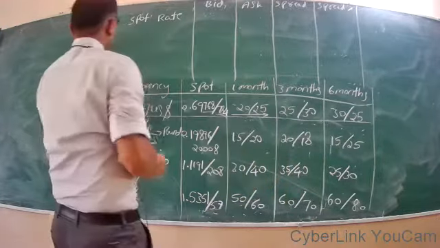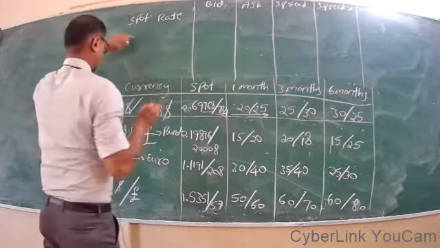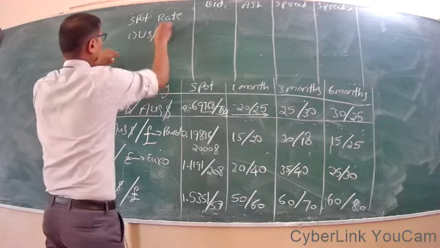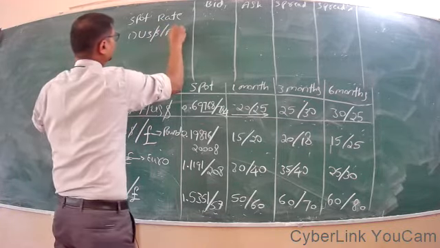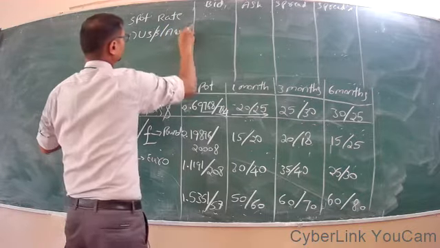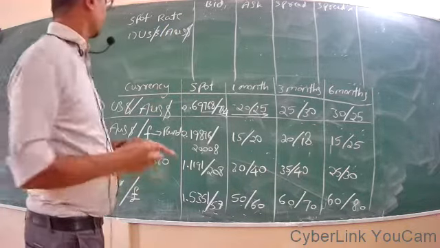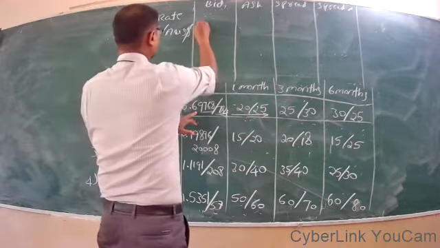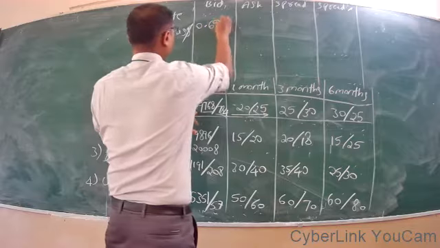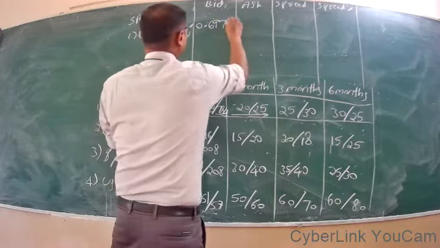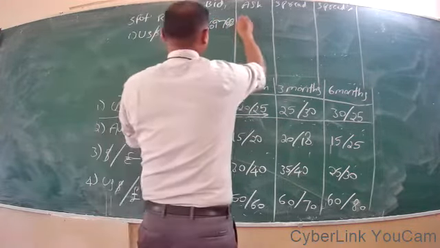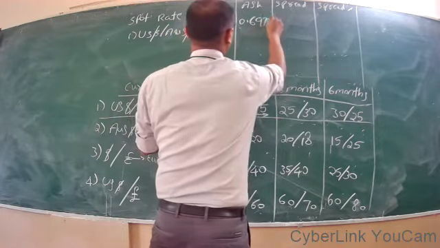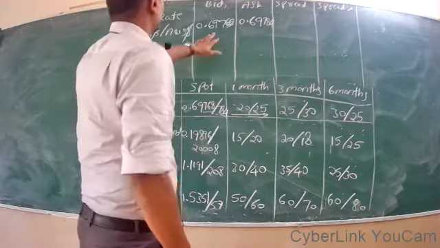So the spot rate given, like the first one, is US dollar per Australian dollar. There are two prices. The lower one is your bid price, 0.69768, and the ask price is 0.69784, right?